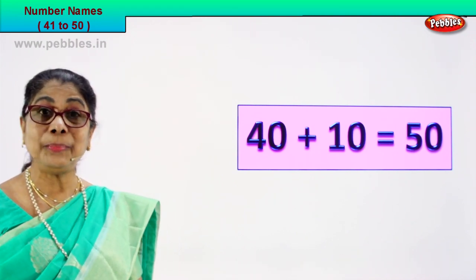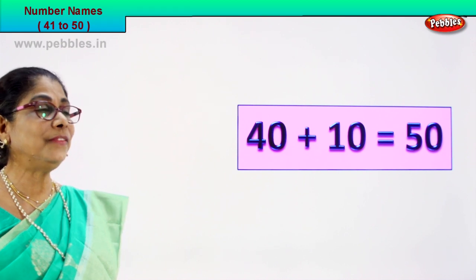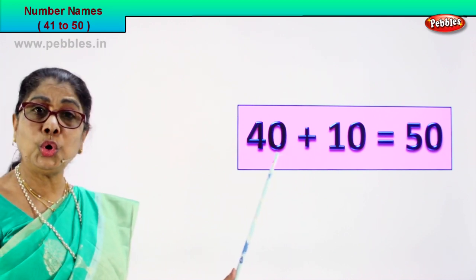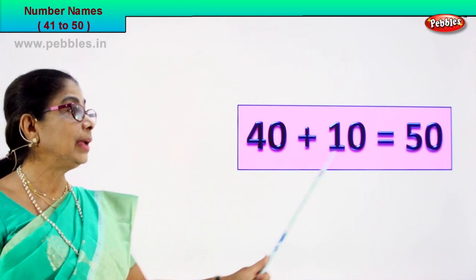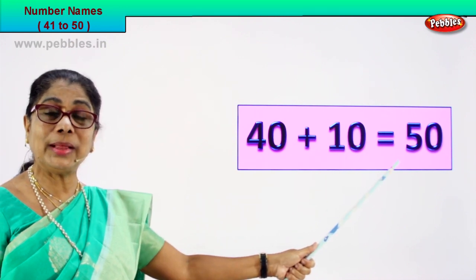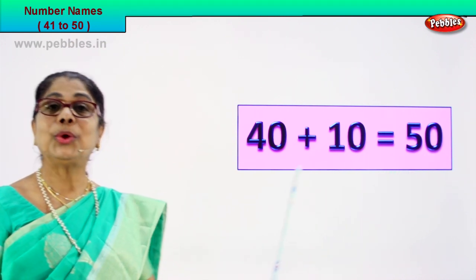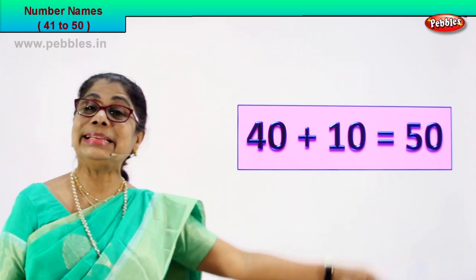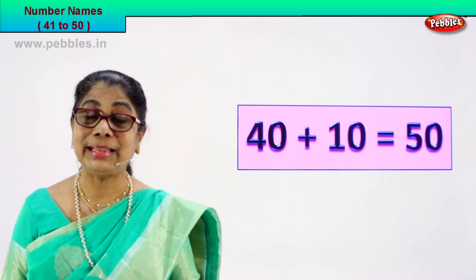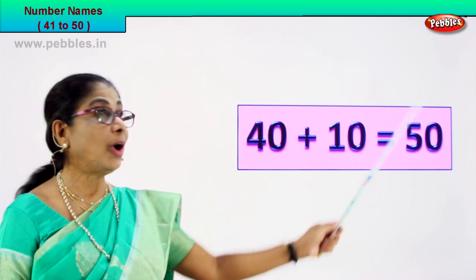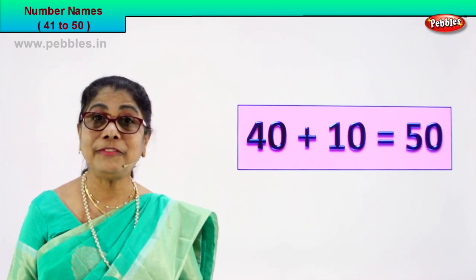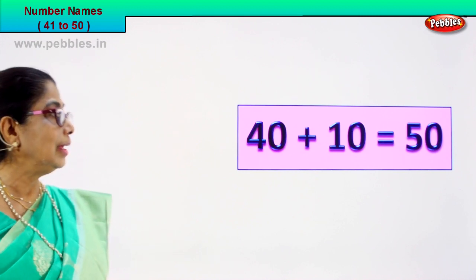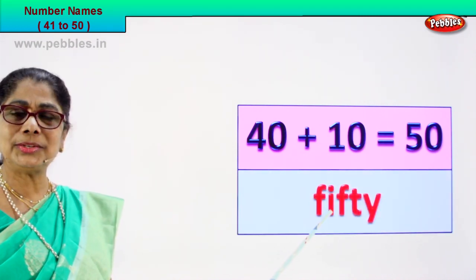After 49 we have 50. 4 and 0, 40, plus 10 is equal to 50. We can read this as 40 and 10 more is equal to 50. The number 50. How do we spell and write 50? Good. That's what we are going to learn today.